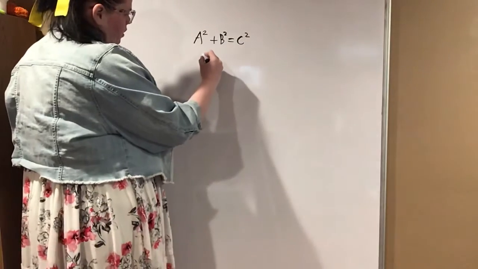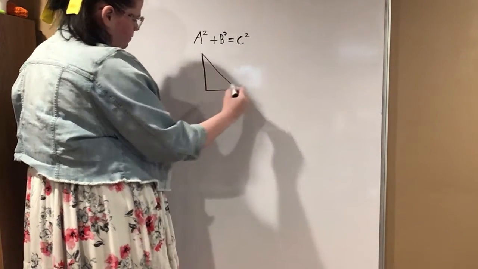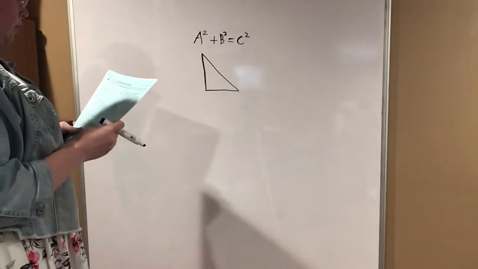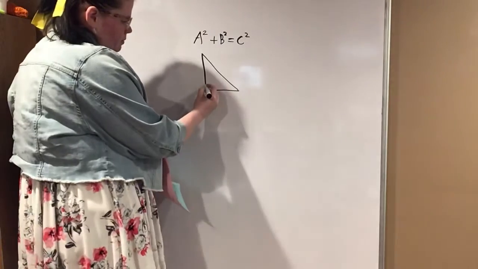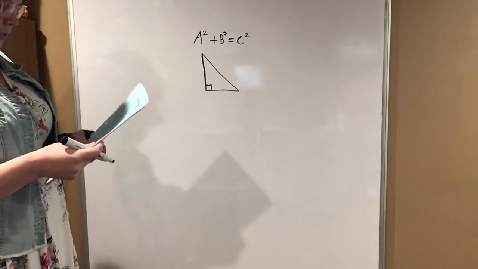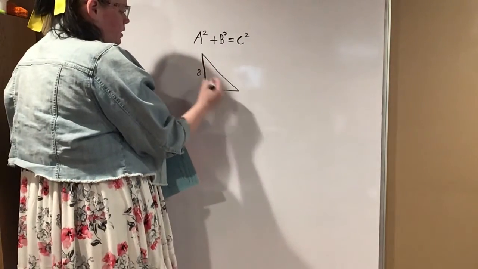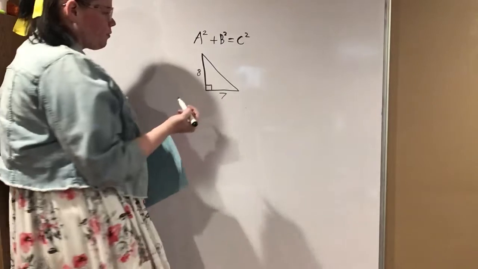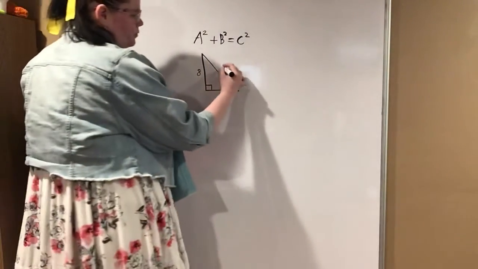So we're given a triangle like this. It has to be a right triangle. Okay, so we're given this as 8 and 7. We need to figure out this right here.